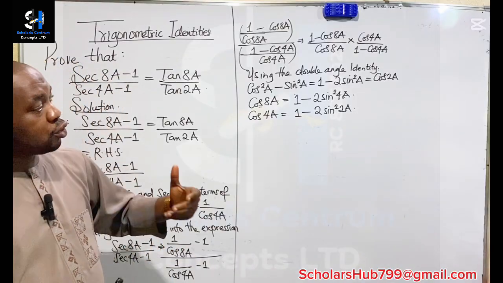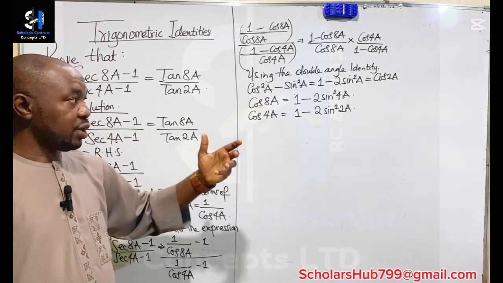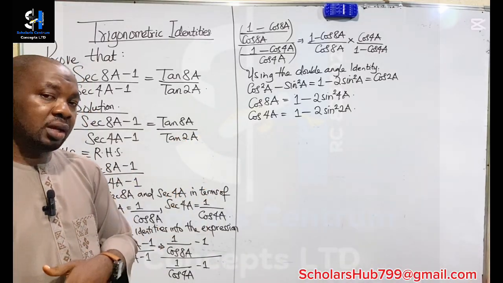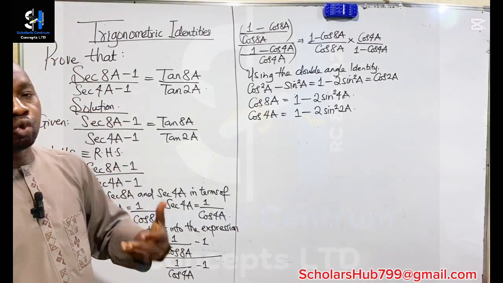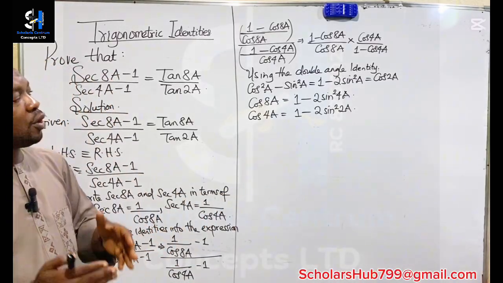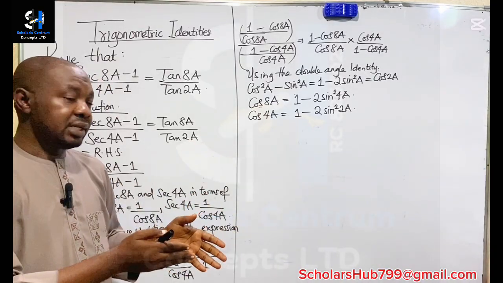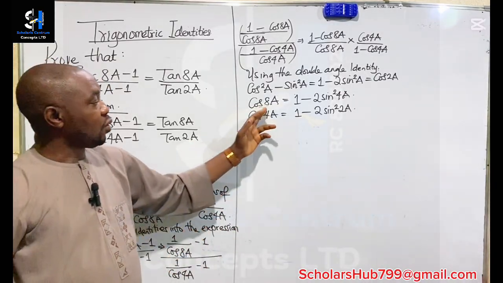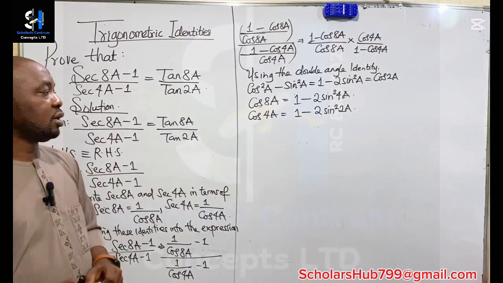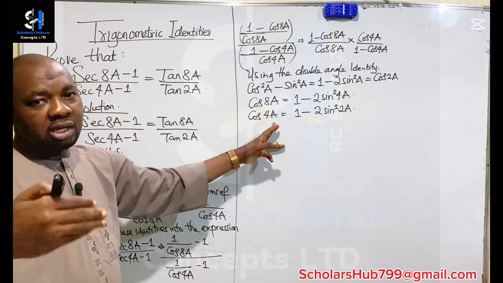Cos 2a is cos square a minus sine square a, the same thing as 1 minus 2 sine square a, or we can also have it as 2 cos square a minus 1. But in this case, because we have cos 8a, using that double angle identity, cos 8a will be 1 minus 2 sine square 4a. Then for cos 4a, it will be 1 minus 2 sine square 2a.